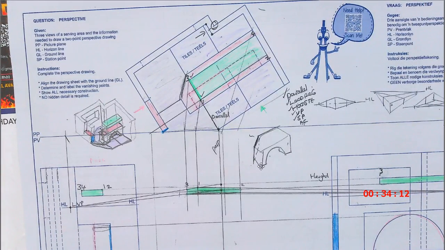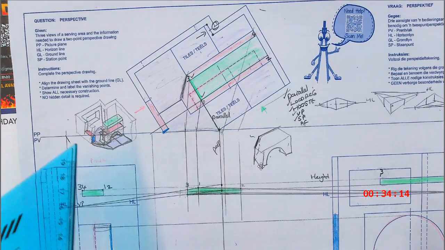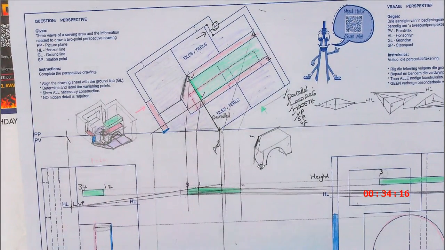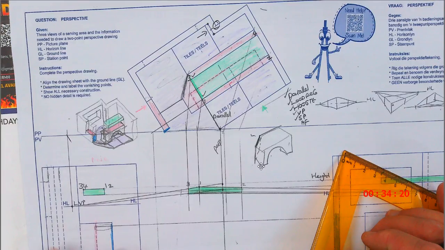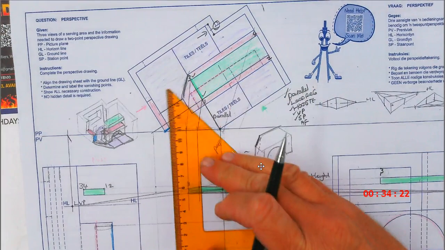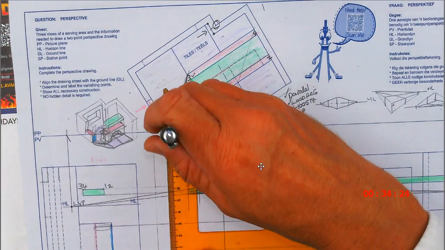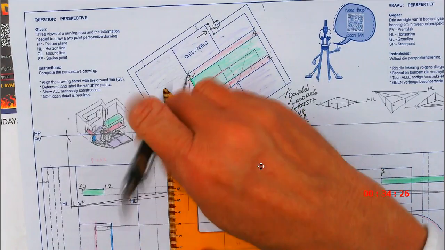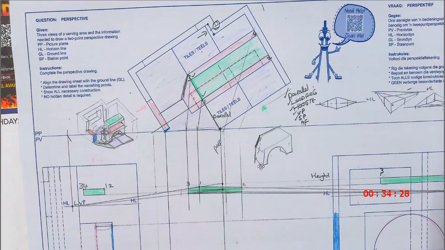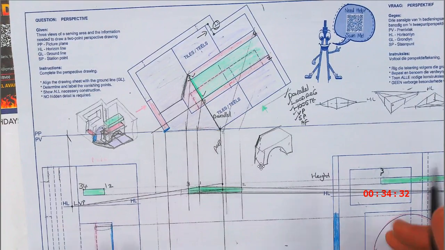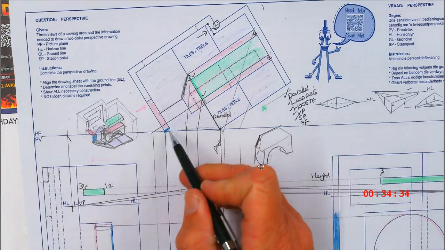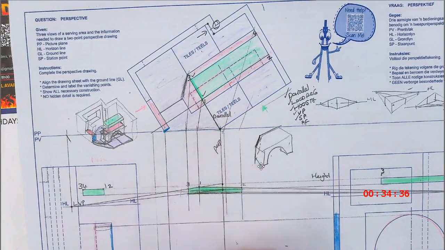So what I'm going to do is, I am going to bring that straight down. I'm going to bring that straight down. Okay, and now I am going to go straight down. I'm going to bring the height, so it's actually the same thing, parallel, perpendicular.